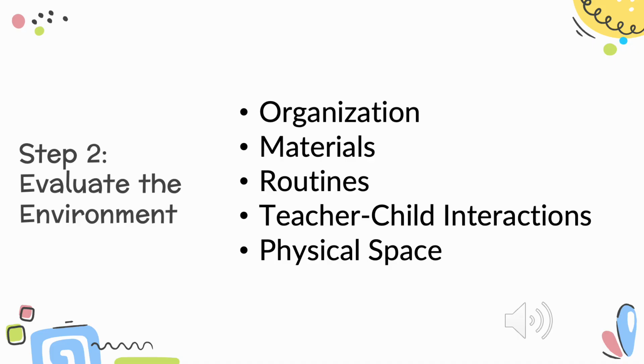There are 3 ratings for each of the items. 1, 2, and 3. Each of those ratings has a description of what qualifies for the rating. Make sure your notes demonstrate what you are selecting.